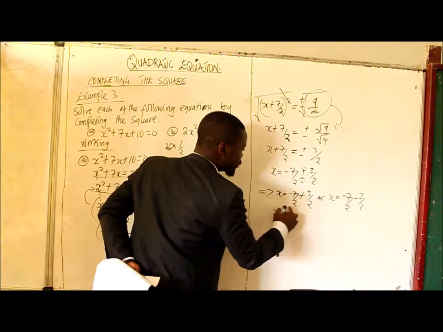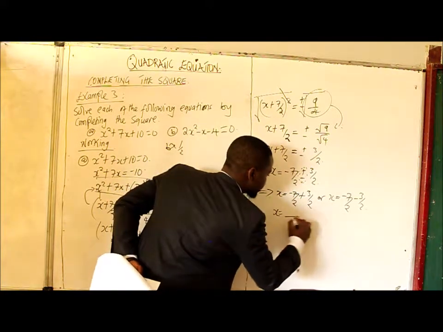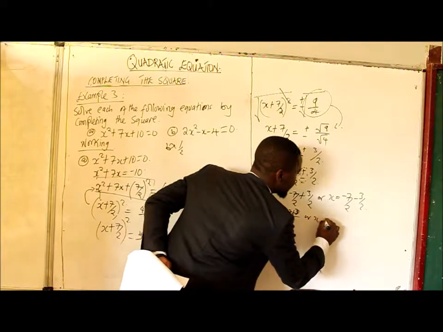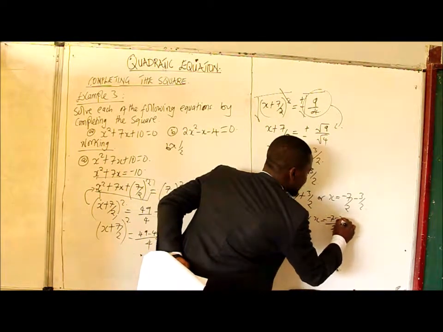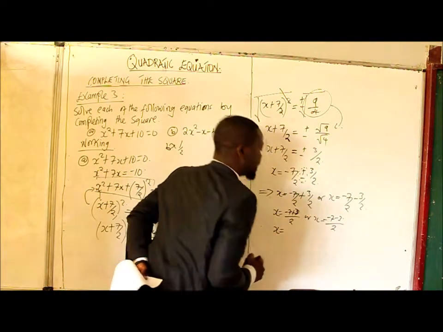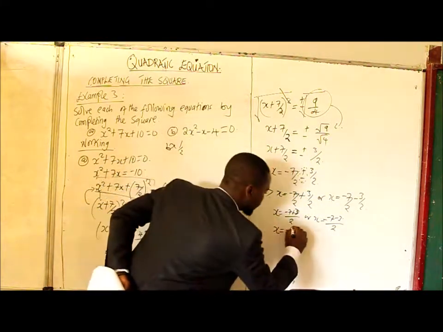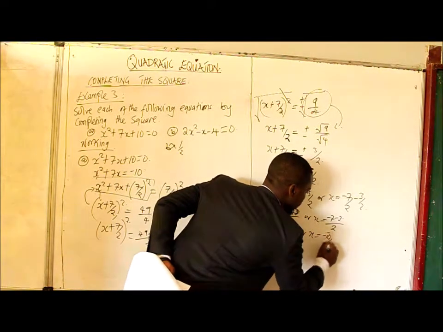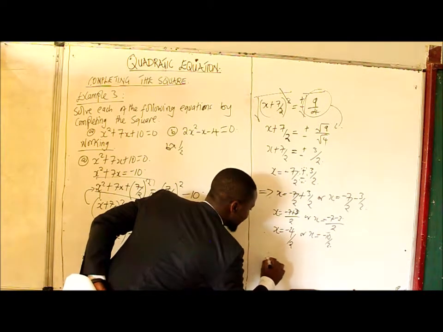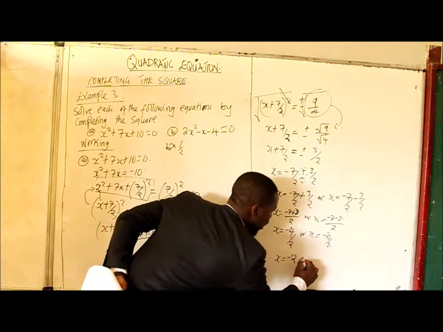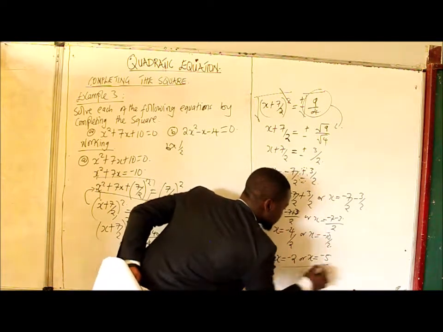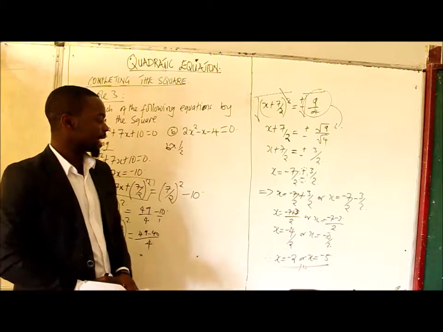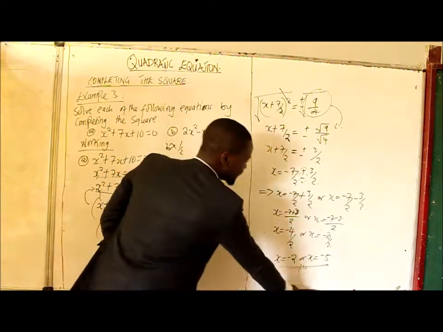So negative 7 over 2 plus 3 over 2, we are going to have 2 here, negative 7 plus 3, or x is equal to, we are going to have negative 7 minus 3. Negative 7 plus 3 is what? It's negative 4 over 2, or x is equal to negative 10 over 2. So this implies that therefore x is equal to negative 2, or x is equal to negative 5. So this is our answer to our equation. This is our answer. x is equal to negative 2, or x is equal to negative 5.